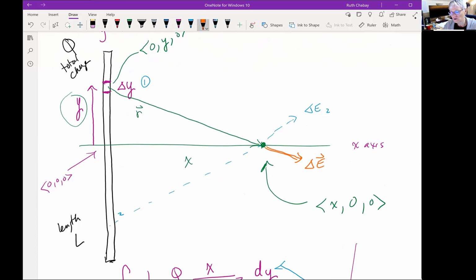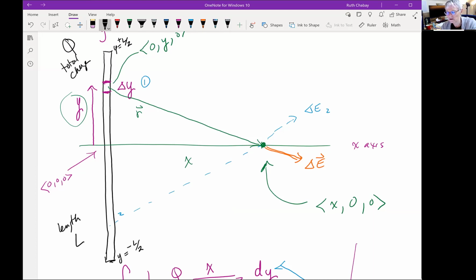Now, if the rod is total length L, that means the coordinate at the top of the rod, so y, would have to be equal to plus L over 2. And down here at the bottom of the rod, y would have to equal minus L over 2.